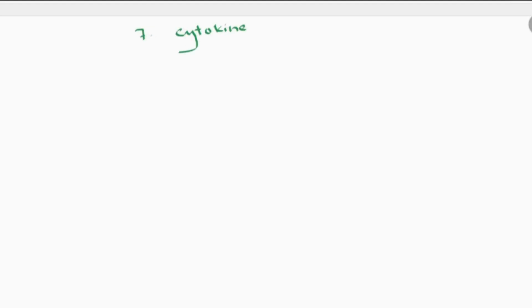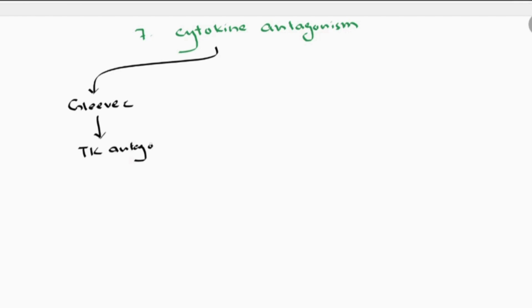Now, another is cytokine antagonism. In this group, we have Gleevec, and Gleevec is actually a tyrosine kinase antagonist, and it inhibits liver fibrosis.